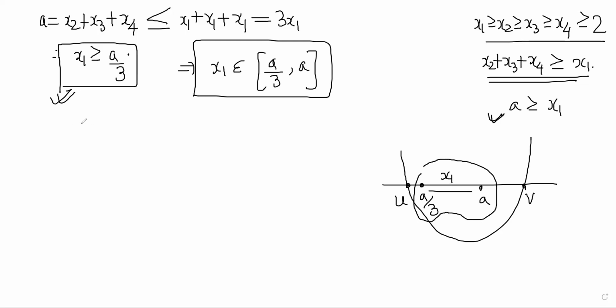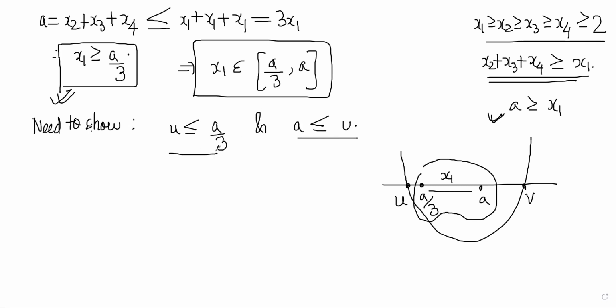In order to prove that, we need to show that u is less than or equal to a by 3 and a is less than or equal to v. If we can show this, then a by 3 to a is an interval contained completely inside u to v, which will mean that x1 lies completely inside u to v, right?